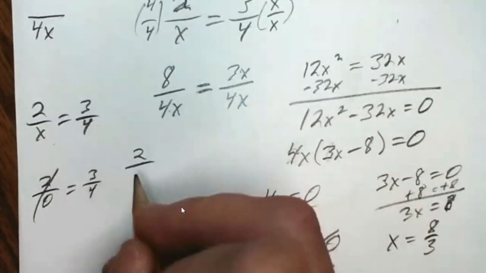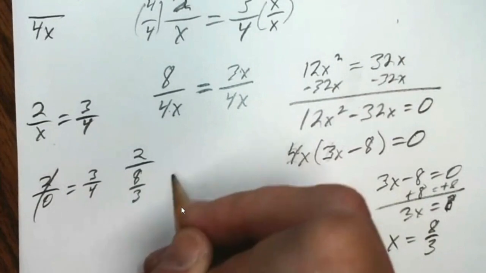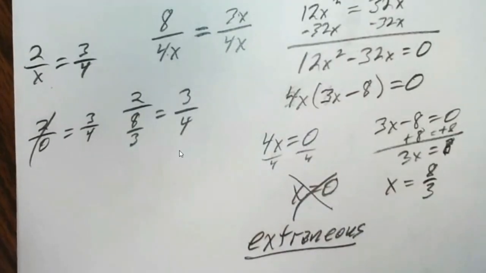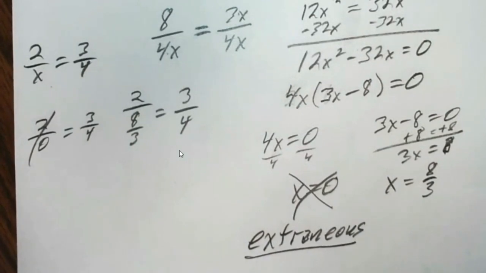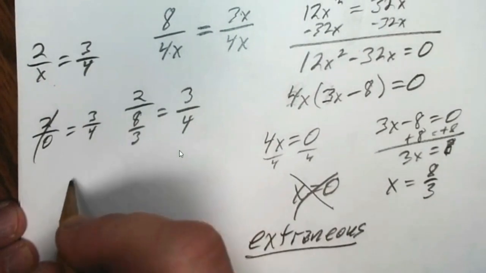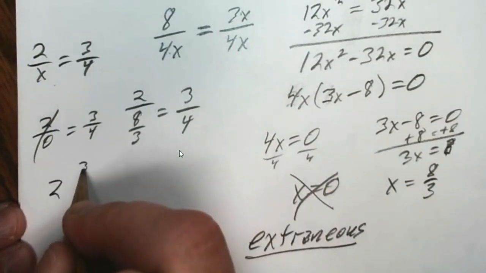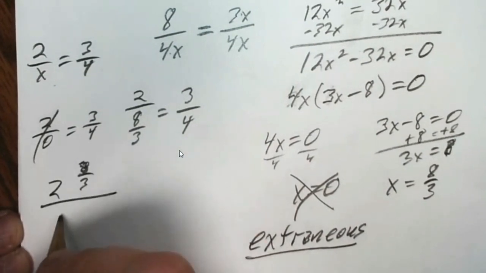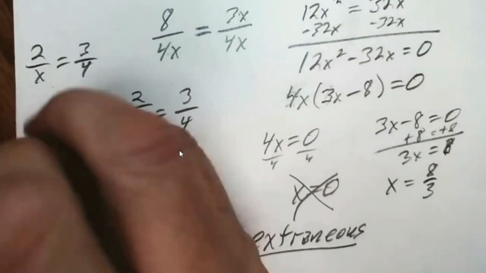How about this one? 2 over 8/3 equals 3/4. Wait a minute, a fraction under a fraction? We have to get rid of a fraction under a fraction. So we multiply by 3/8, since it was 8/3.